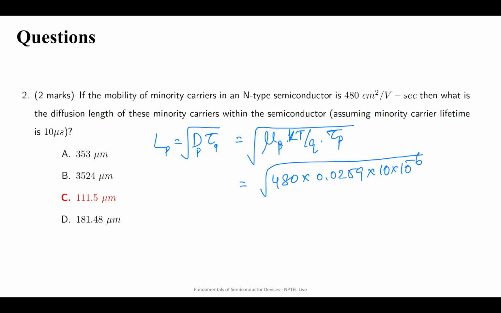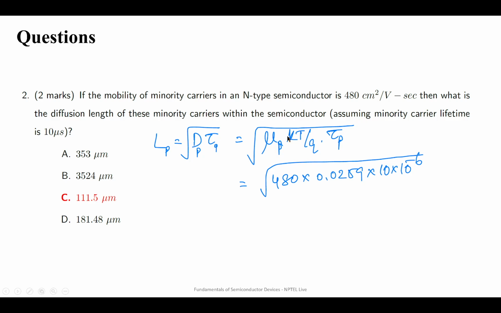That is correct. The correct answer is C, 101.5 microns. So your diffusion length L is given as square root of diffusion constant and carrier lifetime, and the diffusion constant is then given as your mobility into kT by q.